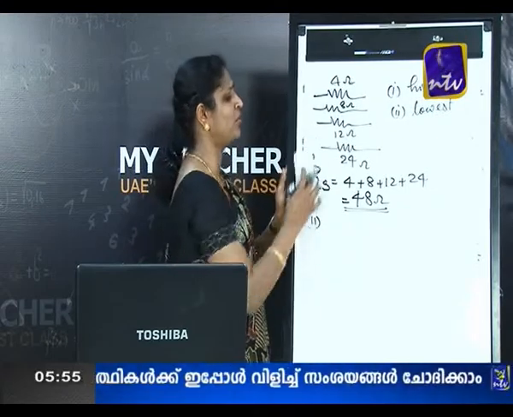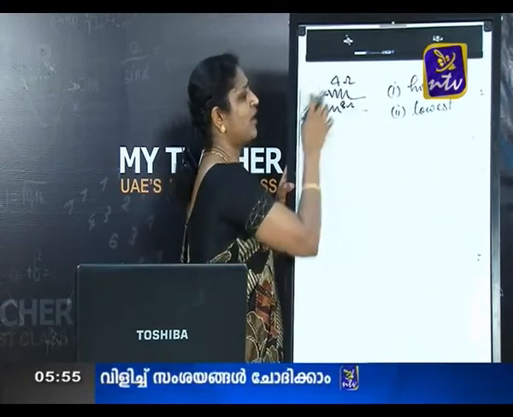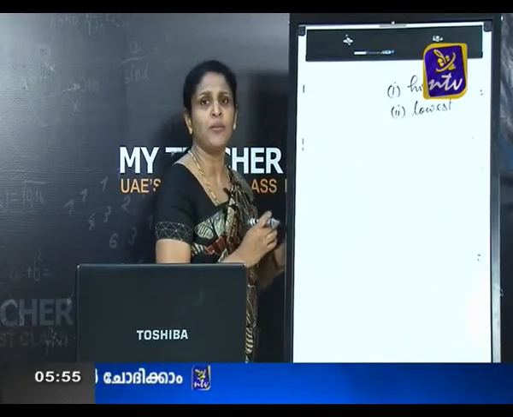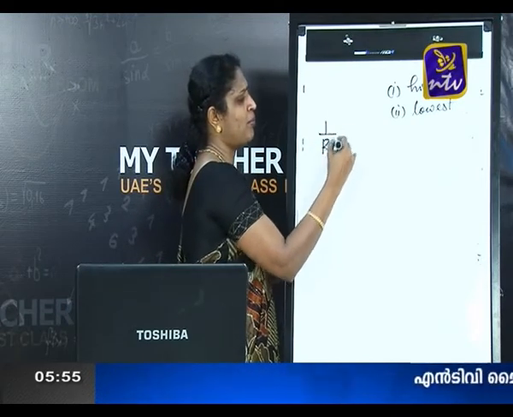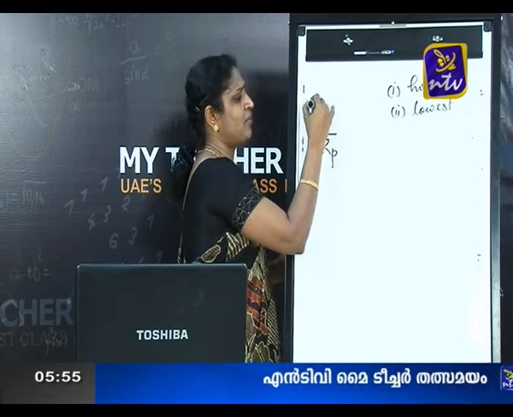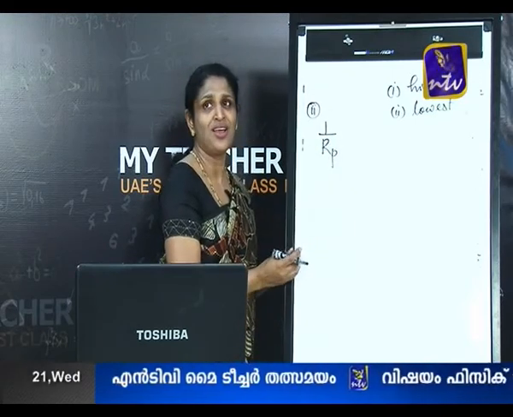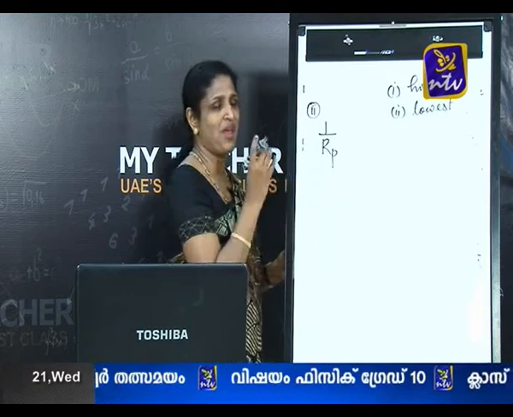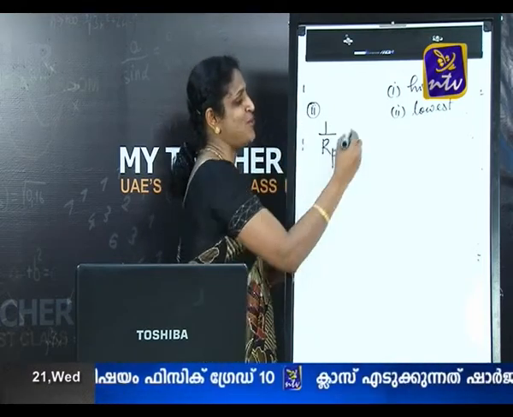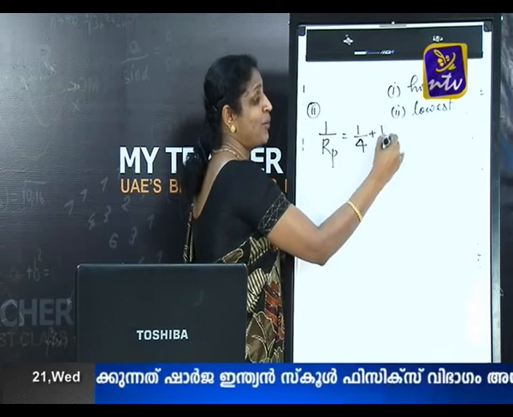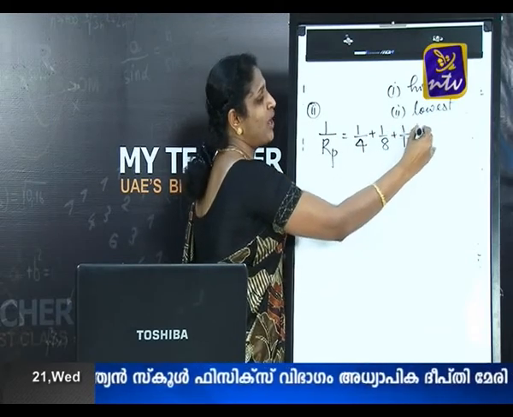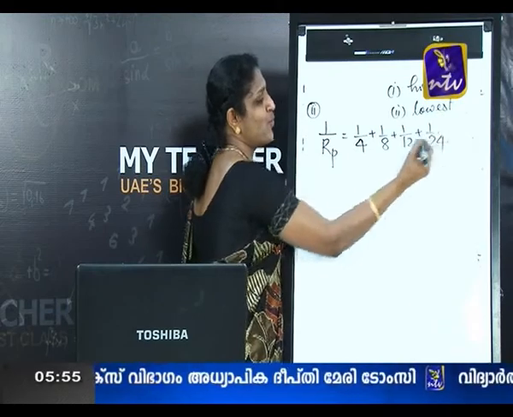If you want to get the minimum value, you must connect all the resistors in parallel. For the second answer, 1 by Rp is equal to 1 by 4 plus 1 by 8 plus 1 by 12 plus 1 by 24.